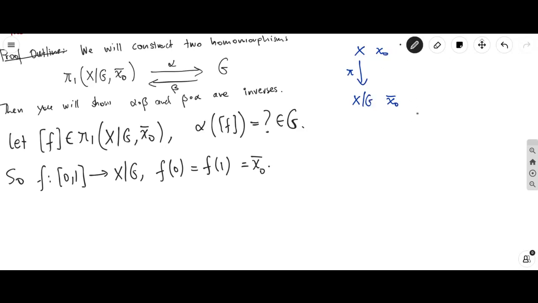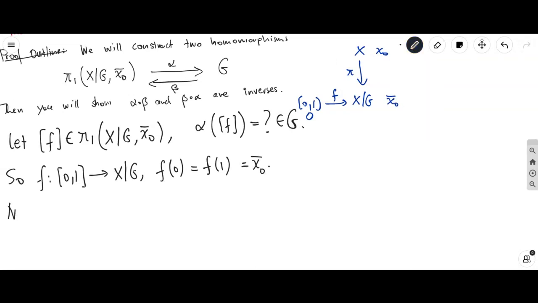So you therefore have a path, so you have a mapping from 0, 1 into the quotient, and we're calling this f. It maps 0, that's the initial condition, to the class of x0. Now it also happens to map 1 to x0 bar as well, but that's not the initial condition anymore.